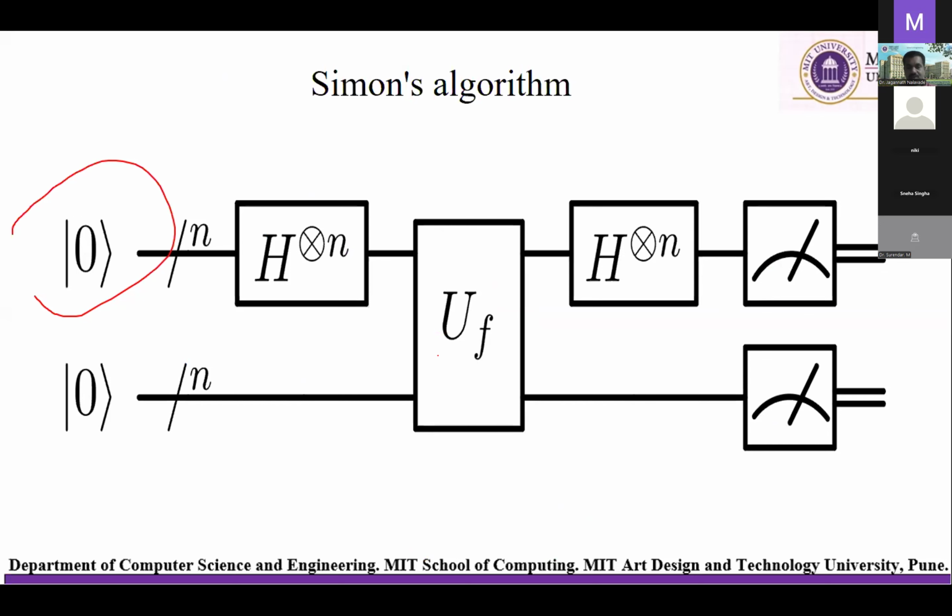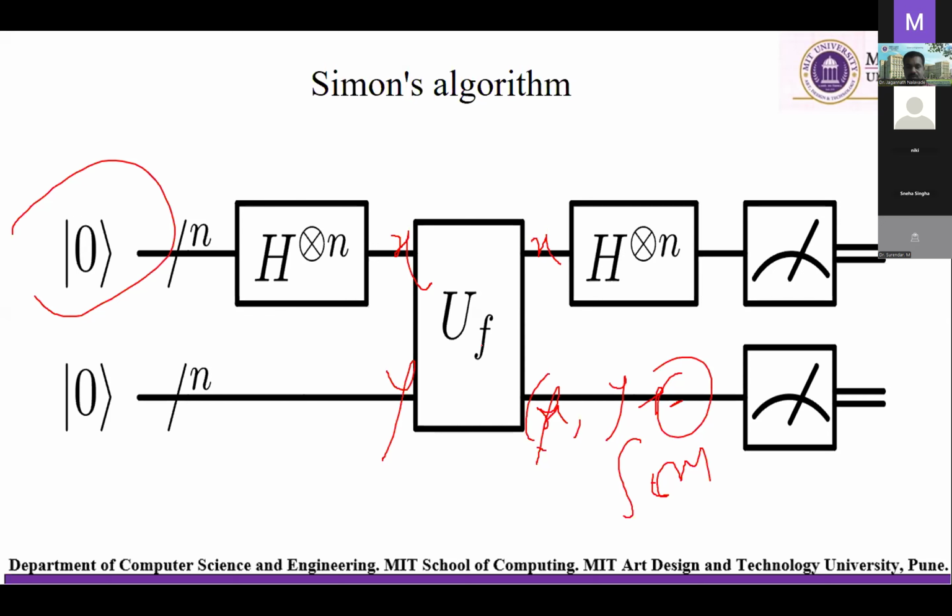And then there is a UF function. The UF function's working is again the same. Suppose this is the x, this is the y. Here you will get the x, and here you will get y XOR f of x.